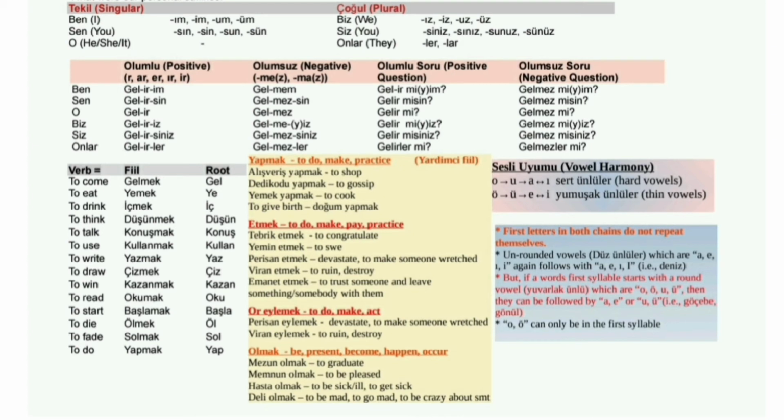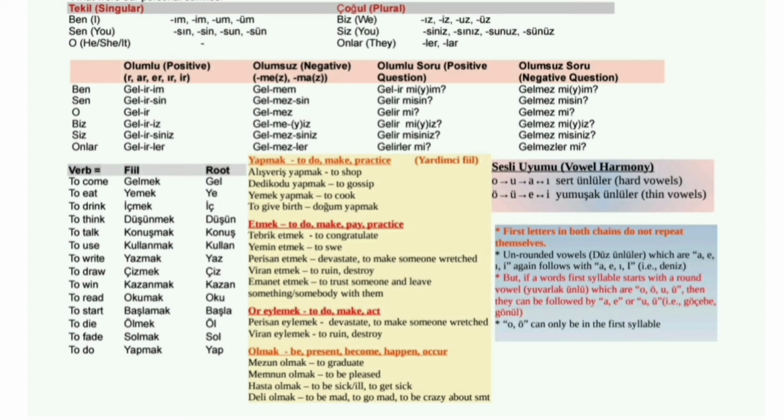Somehow what I have written for swear is not complete there. I don't know, somehow I must have deleted those letters. So this is to swear, yemin etmek. Then other examples can be perişan etmek, viran etmek, emanet etmek. To trust someone and leave somebody or something with them.